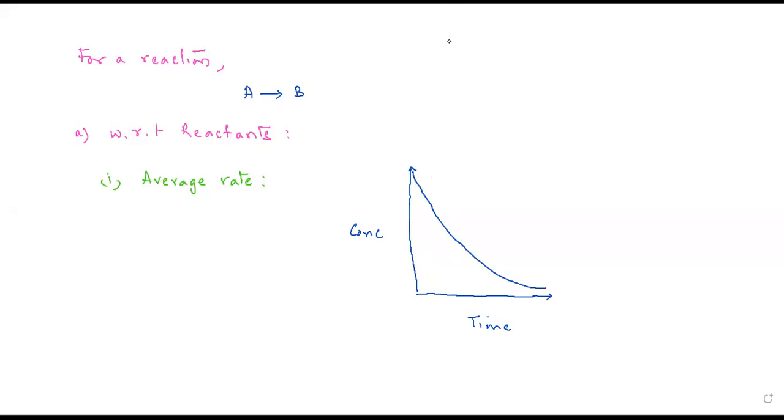Now, let us take 2 points into consideration. Let this be A1 at a T1 and this be A2 at a T2.